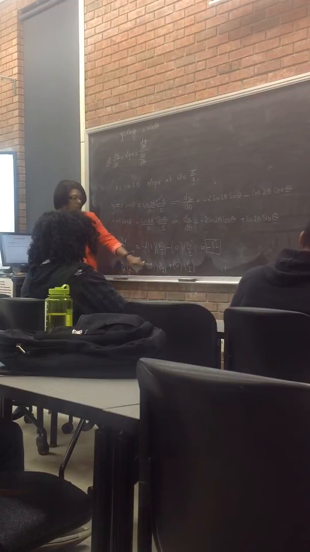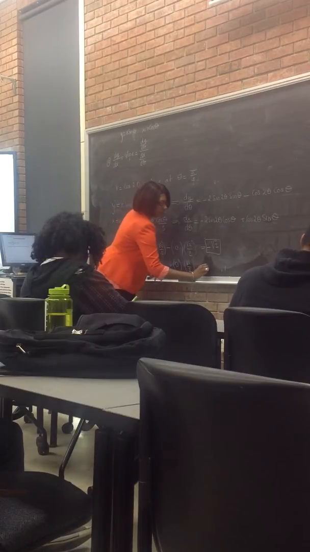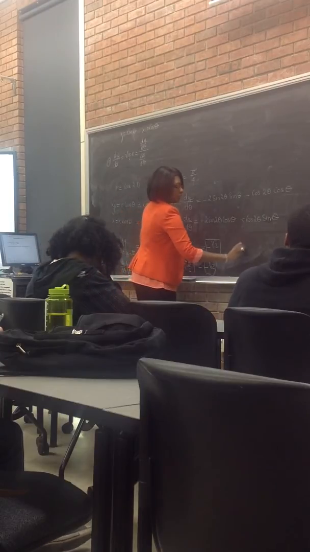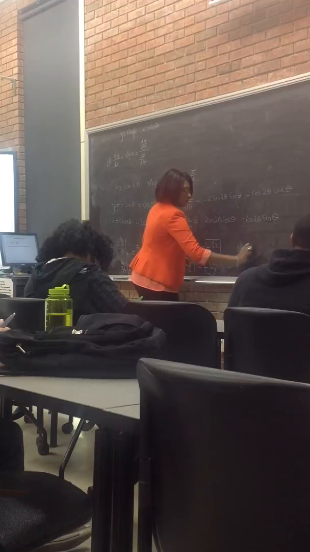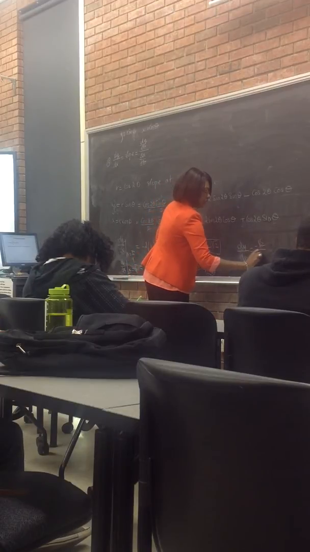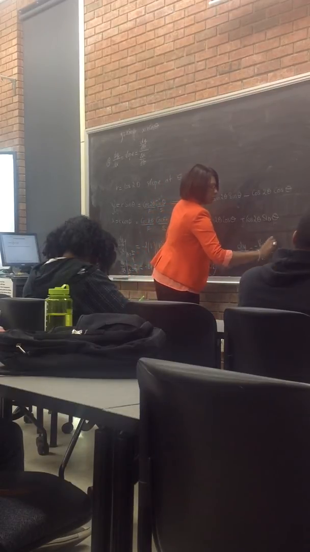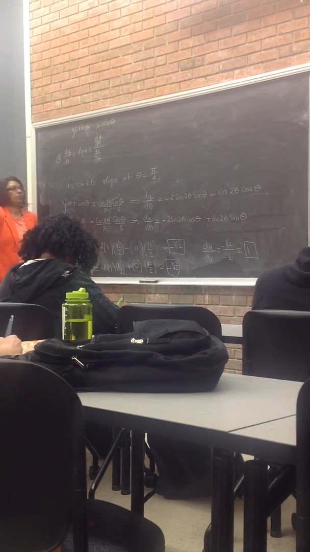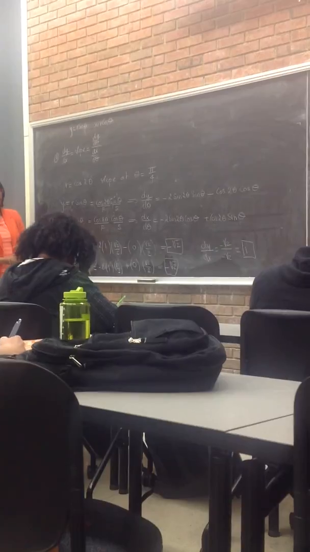Again, you get negative 2 root 2 over 2, which is the same as negative root 2. So dy/dx equals negative root 2 over negative root 2. So the slope is equal to 1. That's at pi over 4.